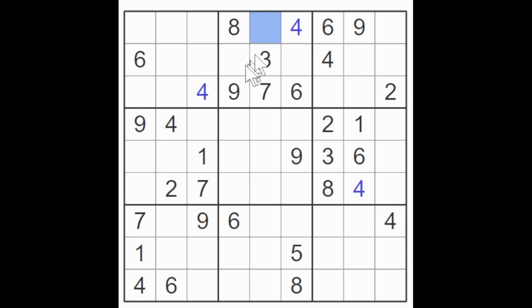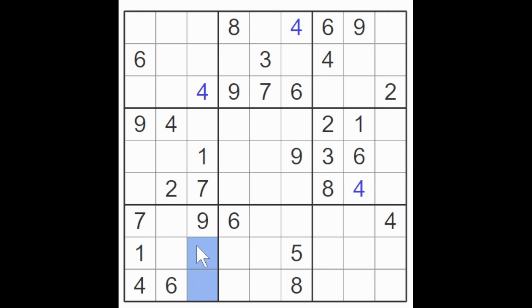This is now a 5 or a 5 because we have a 5 blocking up here, right? So one of these will have to be a 5. I can do more with the 2s because the 2 here blocks here, right?